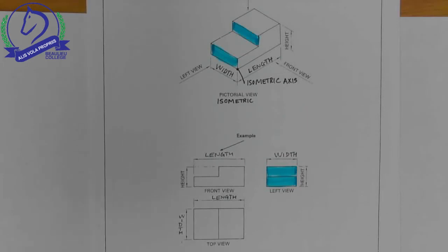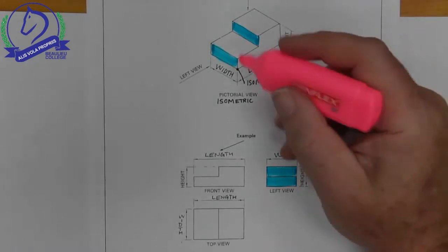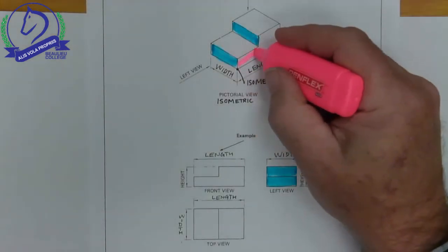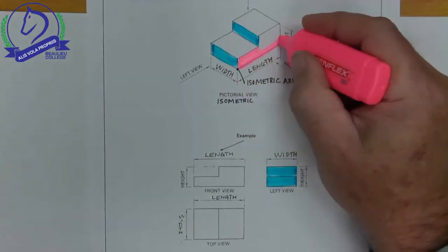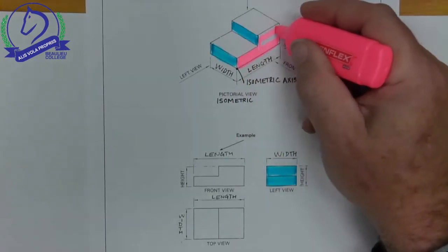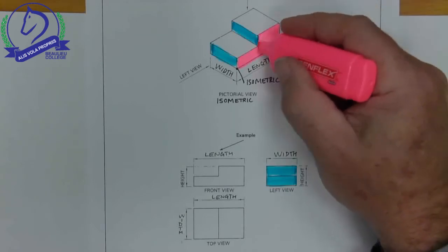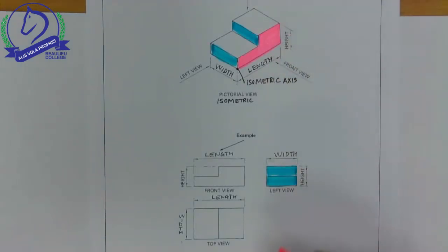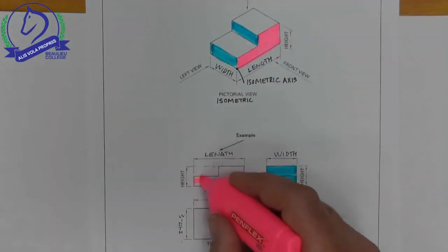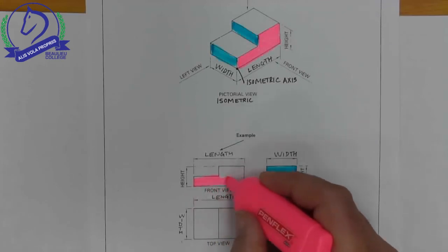Our most important view is the front view. And you can see that shape there has now been replicated here in the front view.